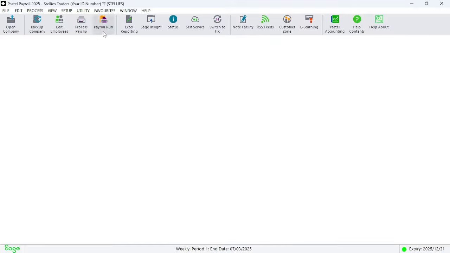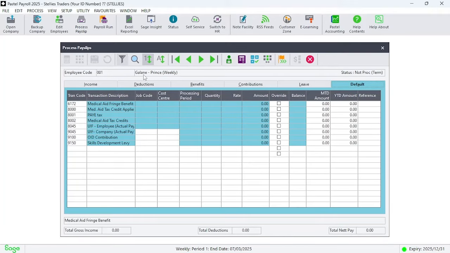using it. And then with the introduction of icons, it's easily stated here, and all we need to do is click on it. Then we ensure that we are selecting the correct employee. In this case, by default, Mr. Prince Galani has come up.